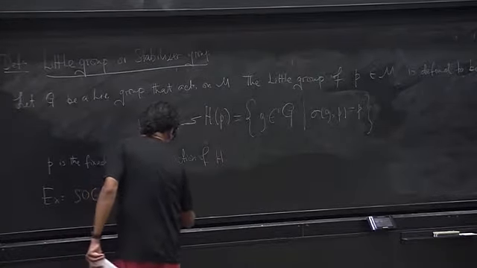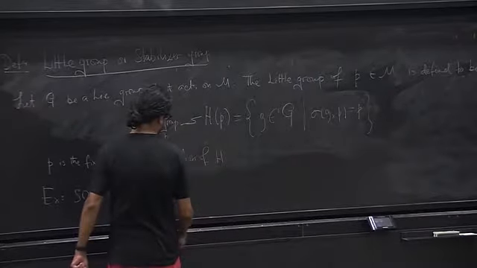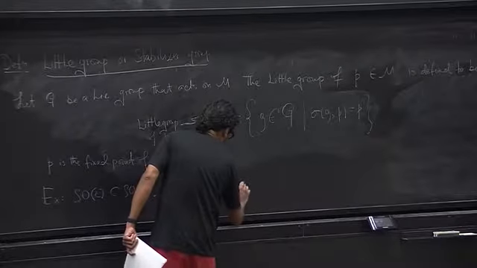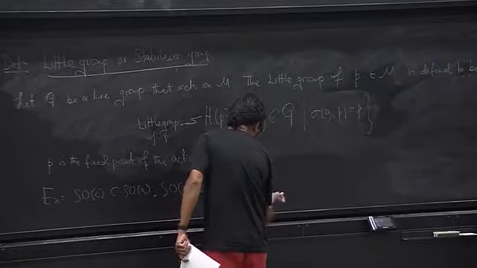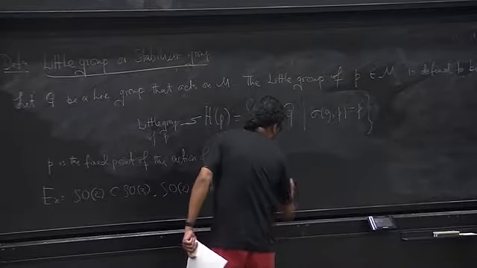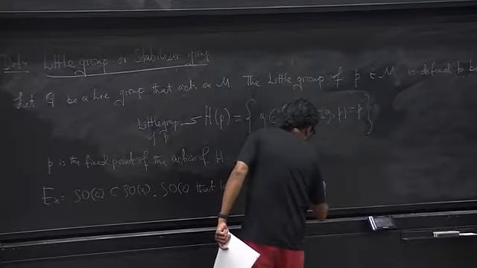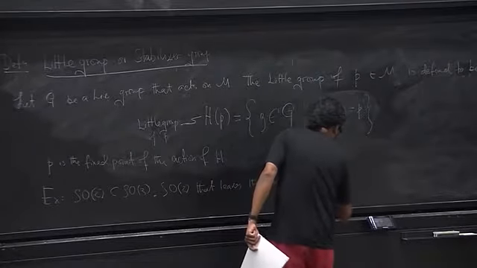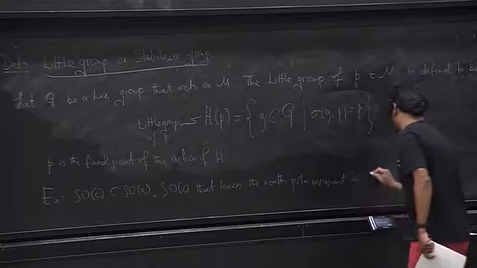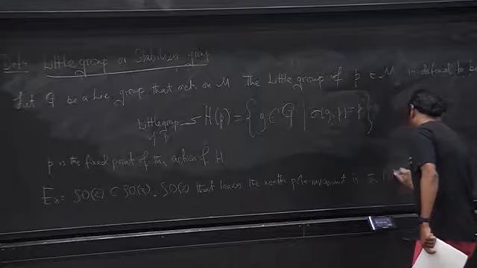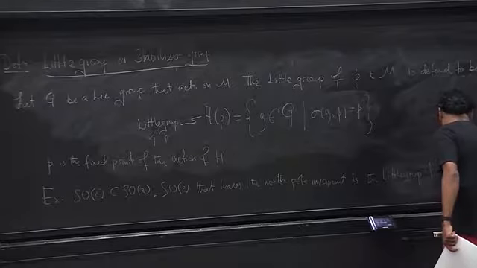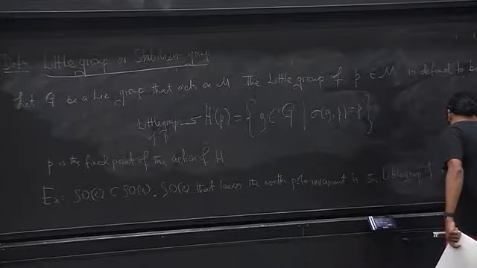So the SO2 that leaves the North Pole invariant is the little group of the North Pole.